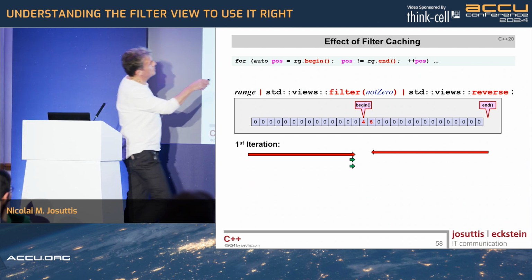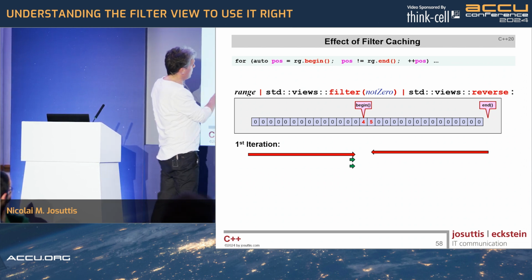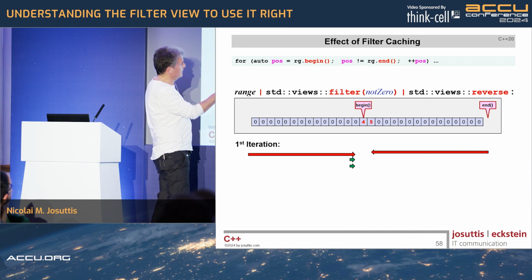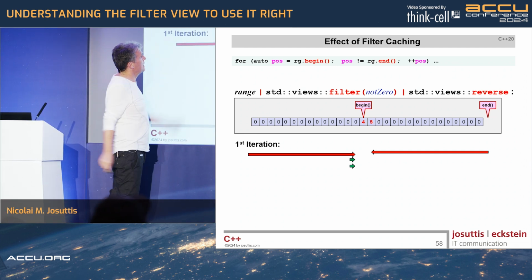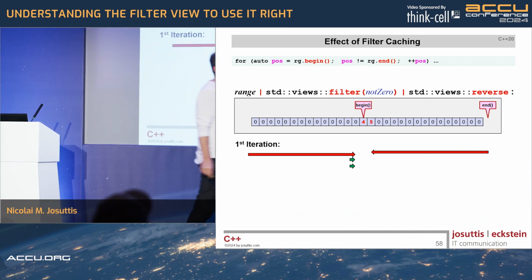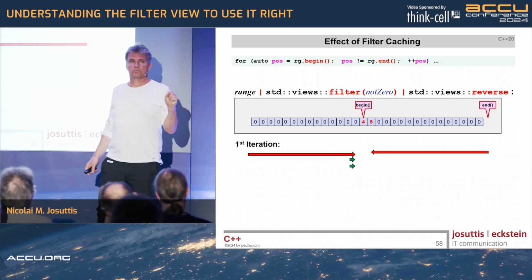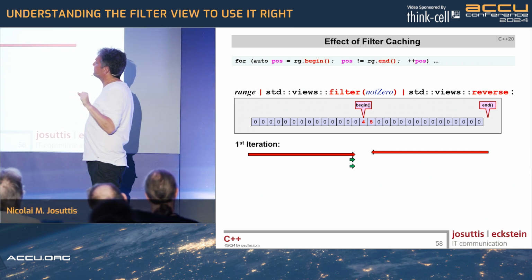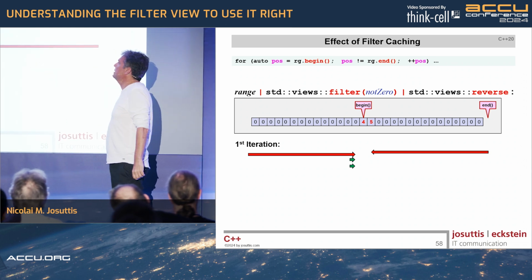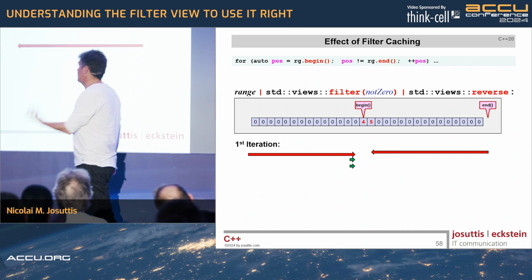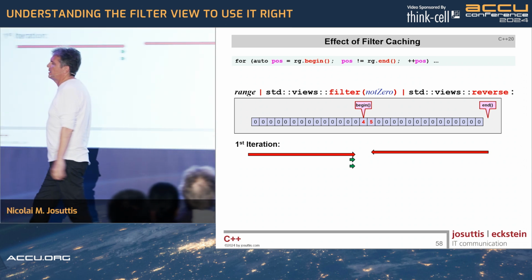So each time we compare with end, we call begin, and begin is now computed. And begin is, in this scenario, called multiple times. So first begin is expensive, but then after that, each and every other begin is cheap.